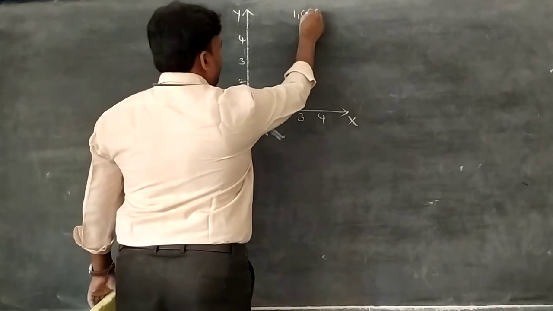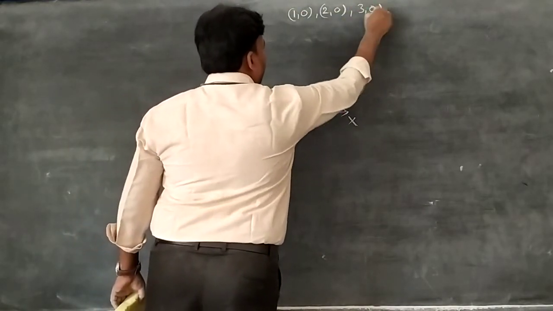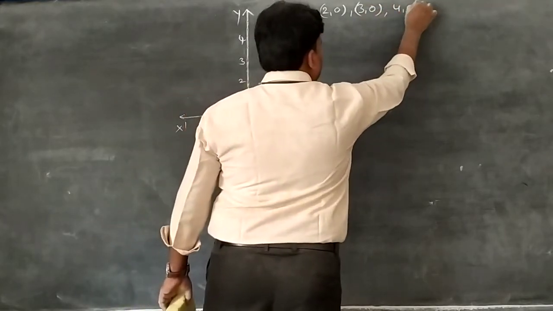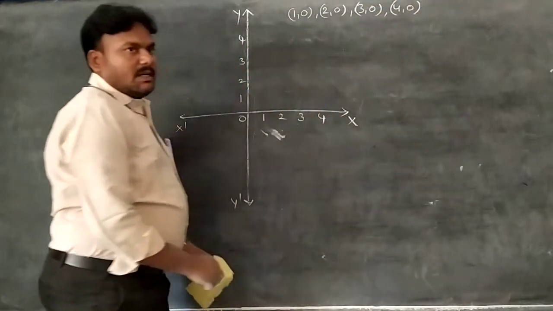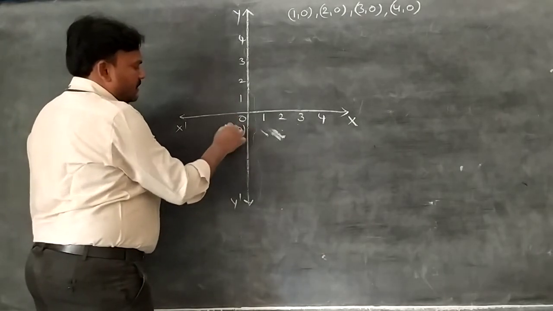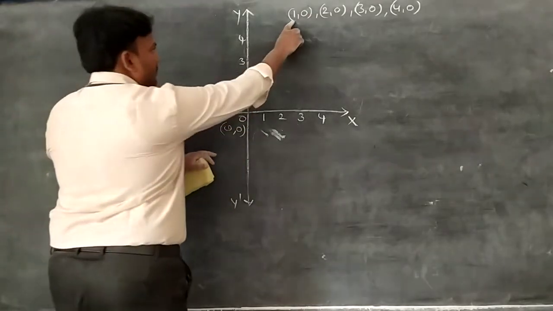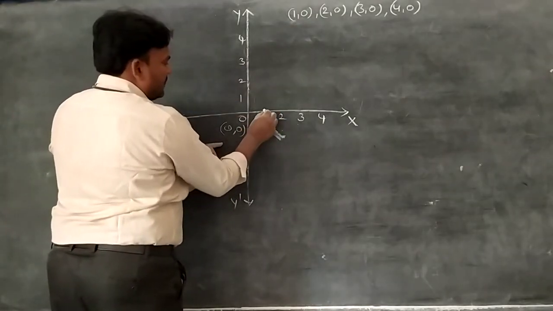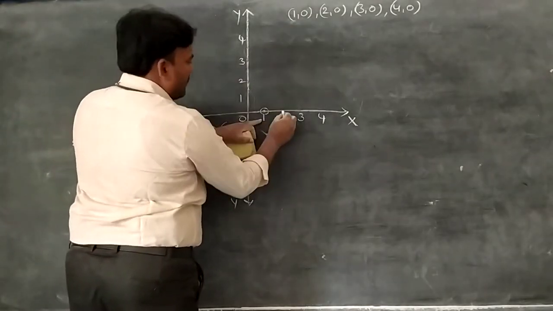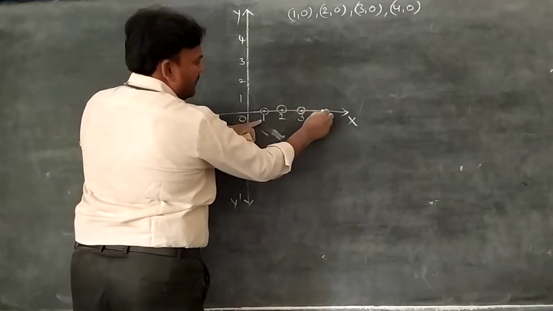Plotting the points (1, 0), (2, 0), (3, 0), (4, 0), and so on. Okay, students, here O means origin, having the coordinates (0, 0). Okay? Right. So (1, 0): x value 1, y value 0. Next (2, 0), (3, 0), (4, 0).